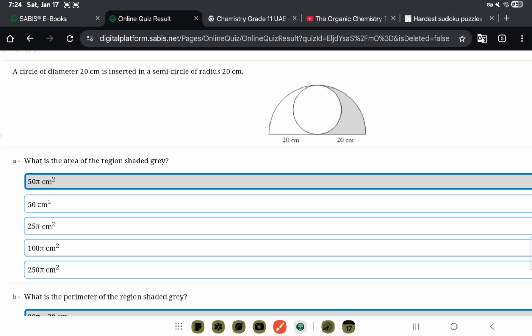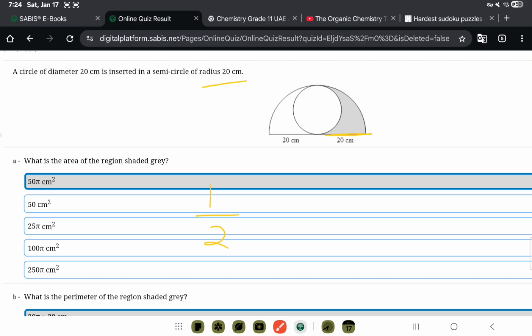Now, semicircle with radius 20 centimeters. We have a semicircle, and they want the area. So you're going to do 1/2 because it's a semicircle, you're dividing it by 2.